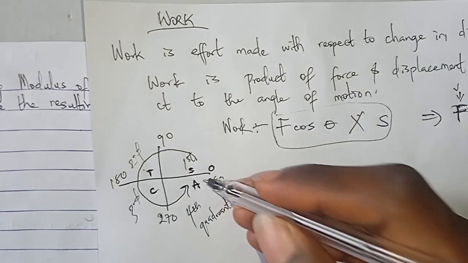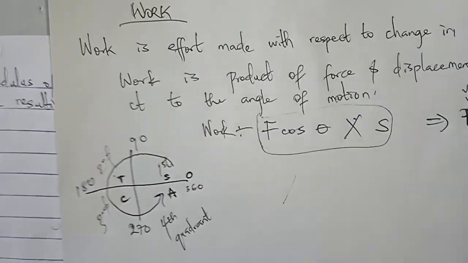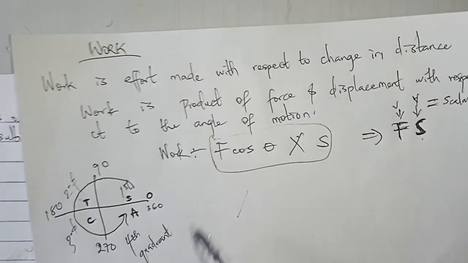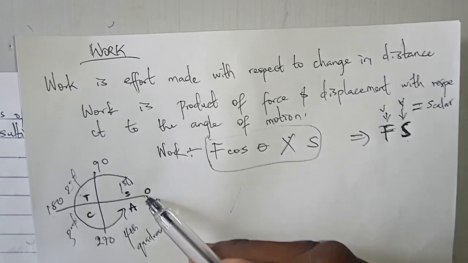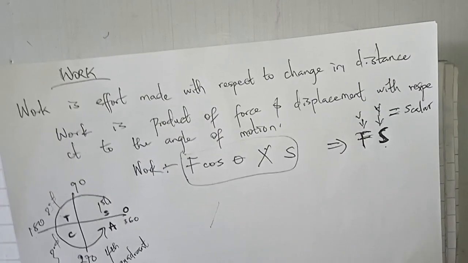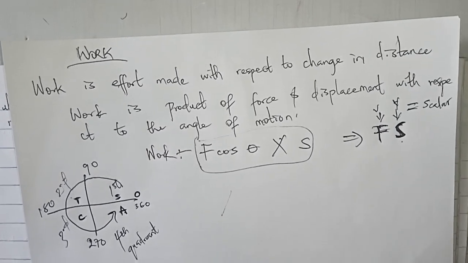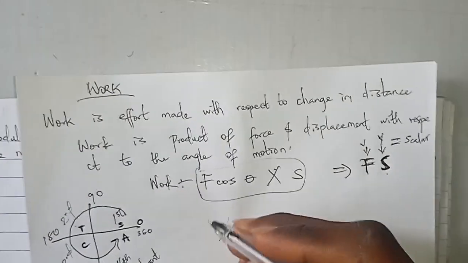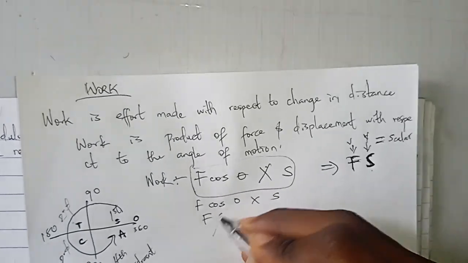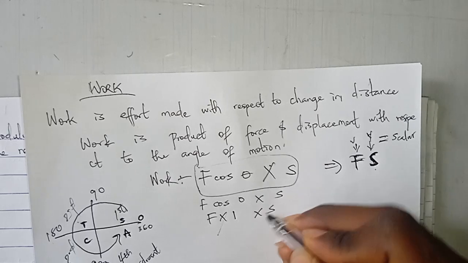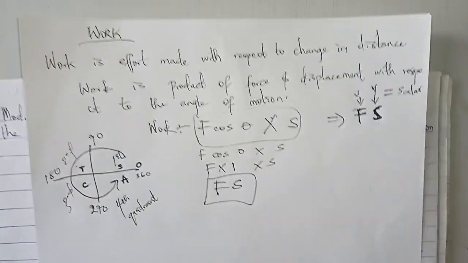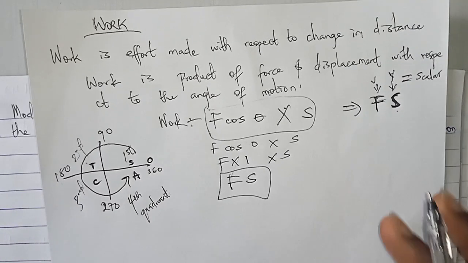So if we have this in mind, we can put our brain to use. Let's say when the angle is 0, which means there is no angle, and we know that cos 0 is 1. So it will be the same thing as saying F cos 0 times s, so F times 1 times s, which gives you Fs. So this is where you get that formula you normally use: Fs, force times displacement.